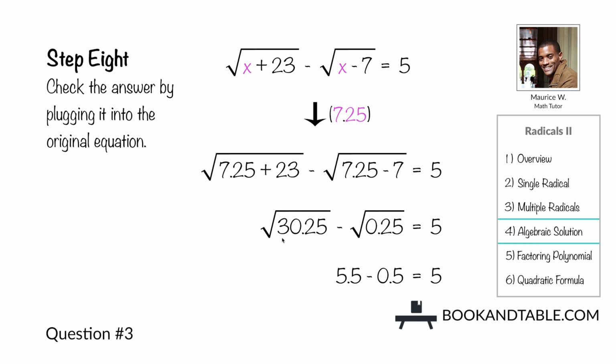The square root of 30.25 is 5.5. And our second radical term, 7.25 minus 7, is the square root of 0.25. And the square root of 0.25 is 0.5. So we wind up with 5.5 minus 1/2, which is equal to 5. Confirming that the left side of the equation equals the right side, which means x is equal to 7.25.